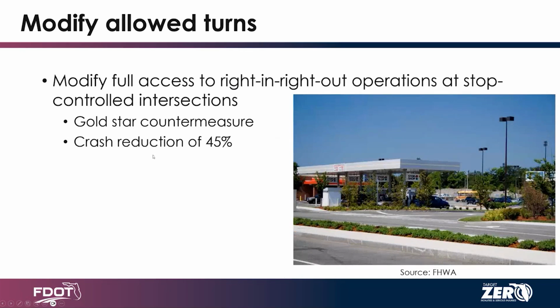Another geometric benefit is modifying allowed turns. We talked about access management a little bit previously, but changing a corridor to right-in, right-out access, and identifying a location along that corridor where you want to facilitate U-turning or left-turning movements, can significantly increase the safety at that individual intersection.